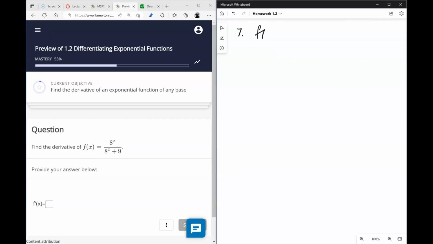Quotient rule. According to the quotient rule, derivative of f will be u prime v minus u v prime divided by v squared.